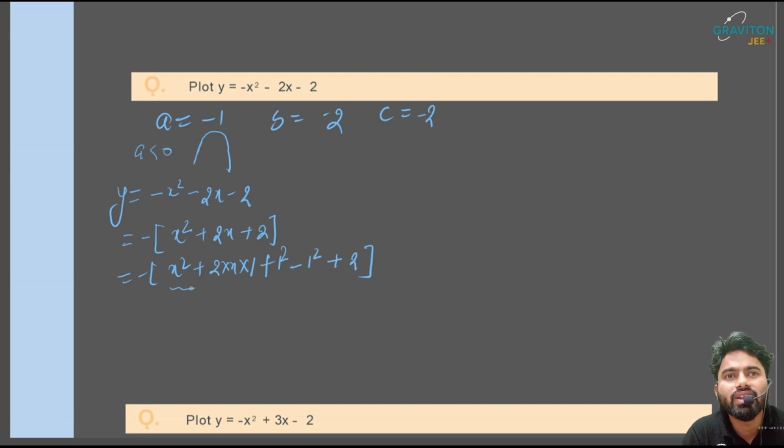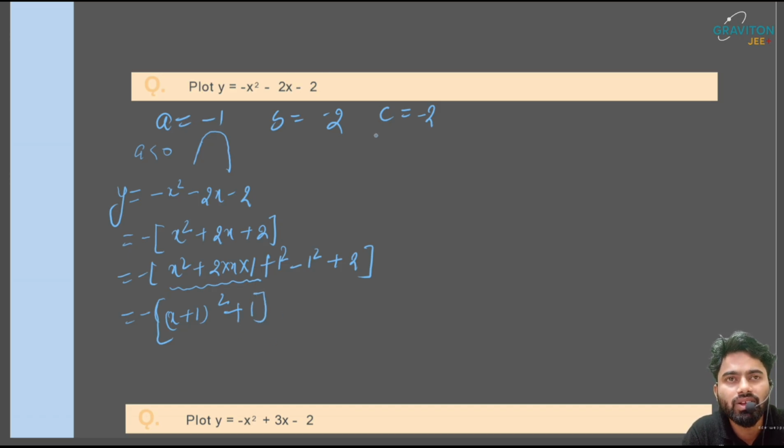Look at this expression: what is this? a square plus 2ab plus b square. So it is nothing but (x plus 1) whole square, and this will become plus 1.